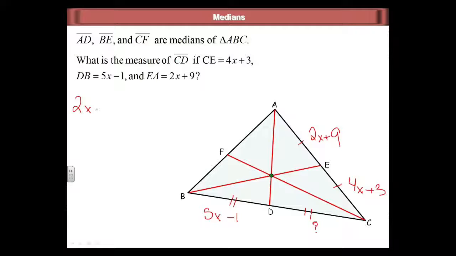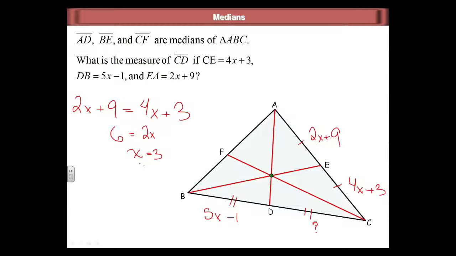And you won't see this unless you mark your picture and actually examine the question. If you try to do this in one step, there really is no way to do that. So I set up this equation because the outer edges are congruent, and now I solve. I subtract 2x from each side, and I get 2x over here. I subtract 3 from each side, and I get 6. I divide by 2, and I get that x is equal to 3.